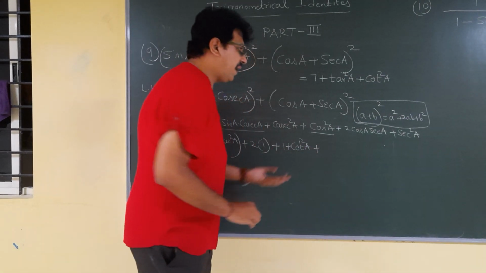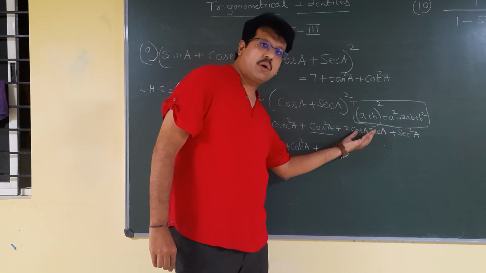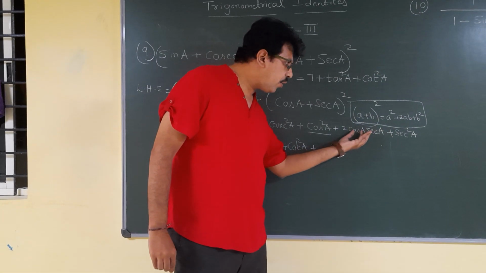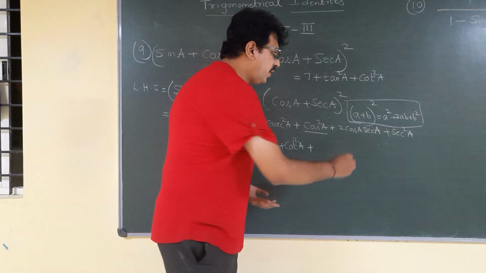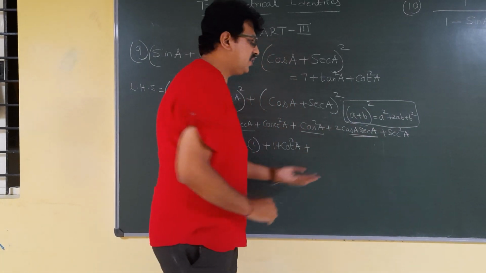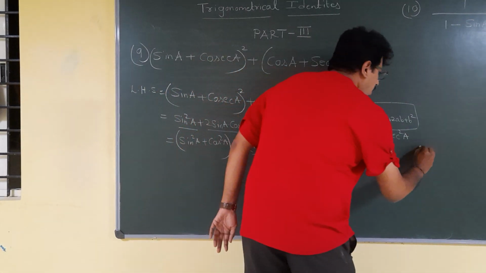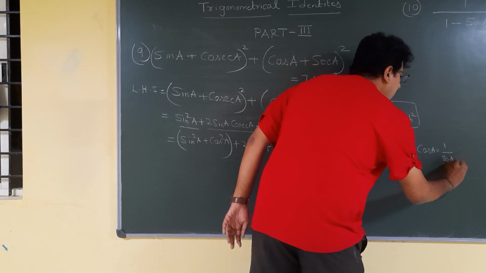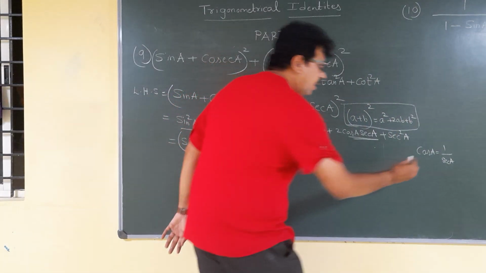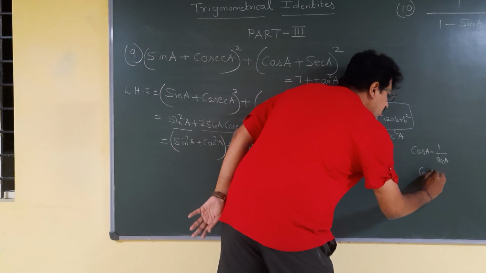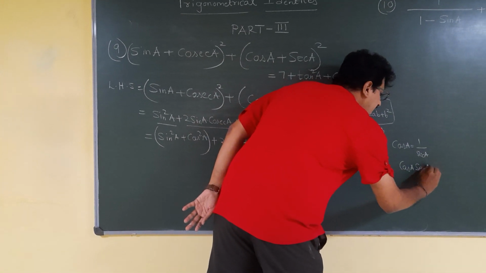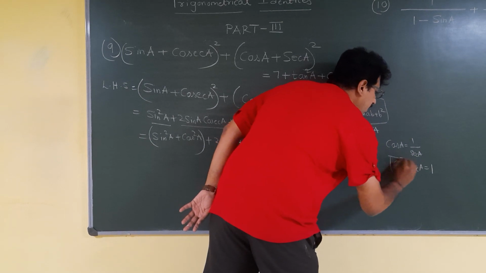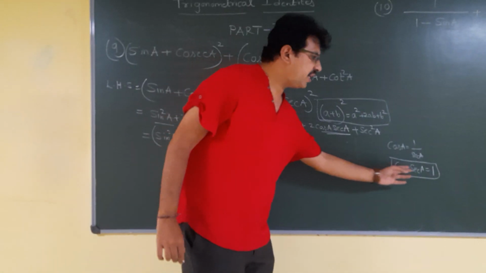Plus, again we have to come back to this part here, cos a into secant a. Again cos a into secant a is 1. This is very important to understand, all of you, because cos a is equal to 1 by secant a. It's again a reciprocal relation. So cos a into secant a is equal to 1.